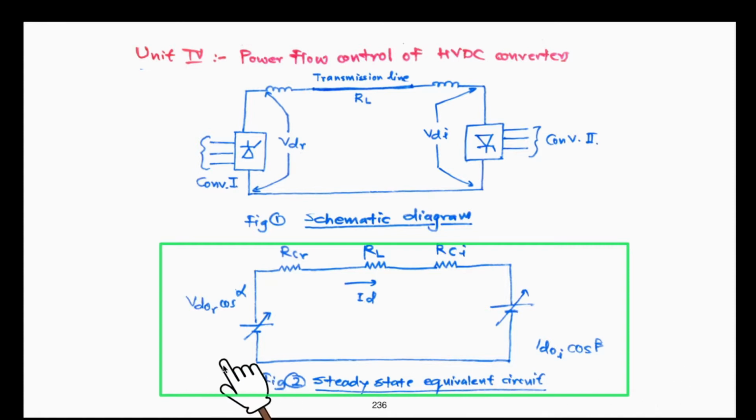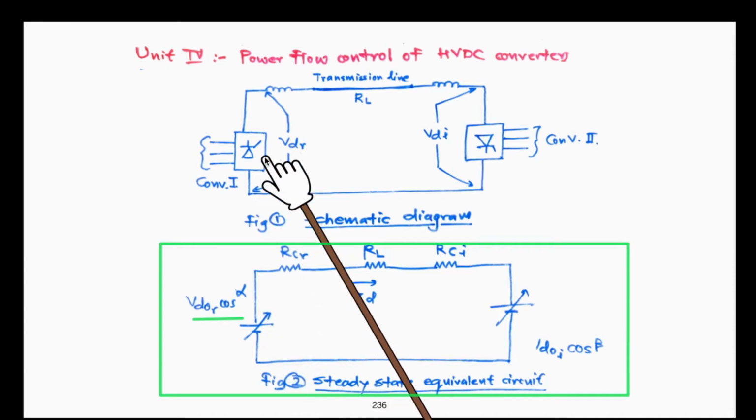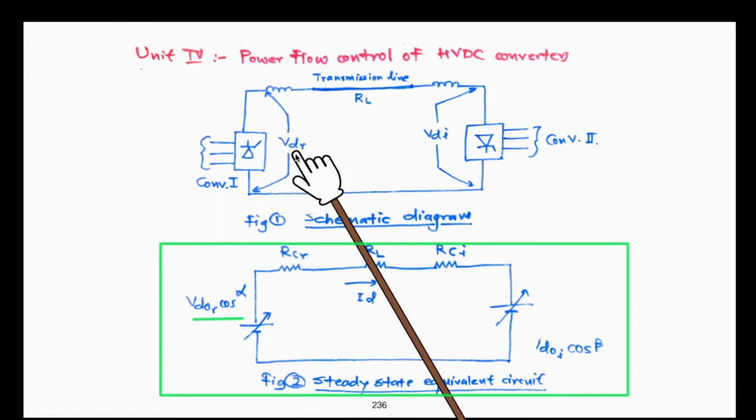The equivalent circuit looks to be very simple, right? On the left hand side you have got the rectifier end source acting as a very controlled DC source, right? Output from the converter 1, it will be available as a controlled DC voltage, right?